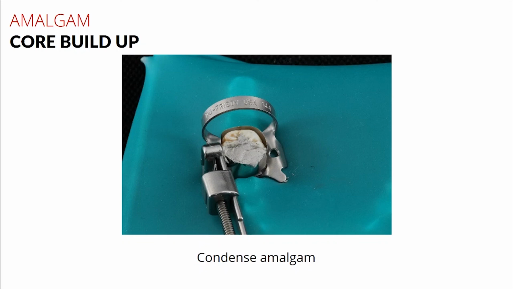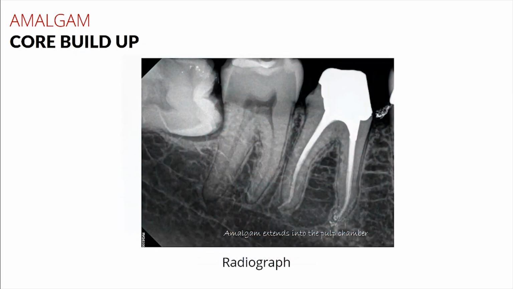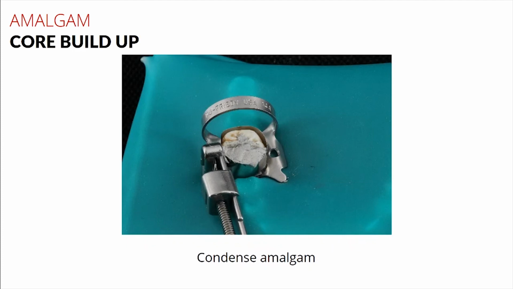With amalgam, you just got to be a little bit more cognizant in the sense that the amalgam is retained solely by mechanical retention. Whereas with composites, you have the luxury of some dentin bonding, which is going to help a bit with that composite sticking to the tooth.